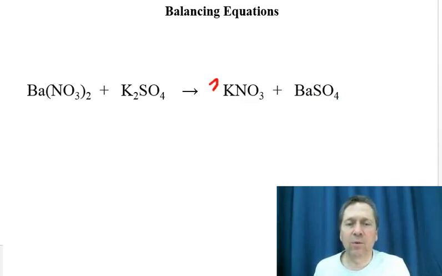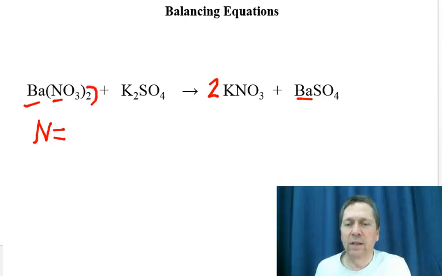Now, in case you don't like working with ions like nitrate and sulfate, we can just do the atoms in the usual way. So barium, we've got 1 here, we've got 1 here. Let's do nitrogen. Okay, so there's 2 lots of nitrate.